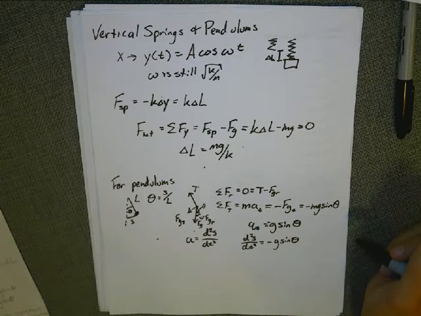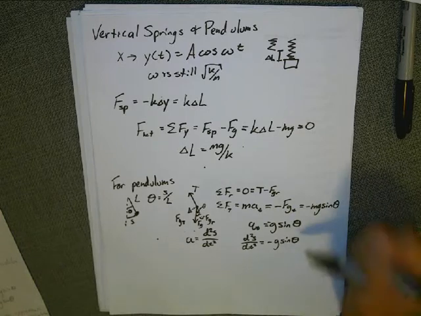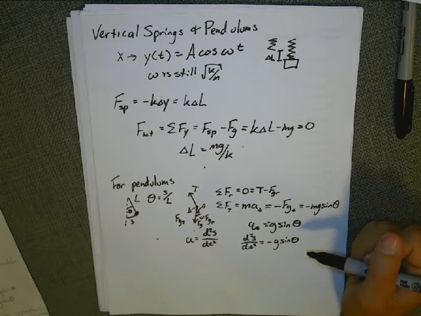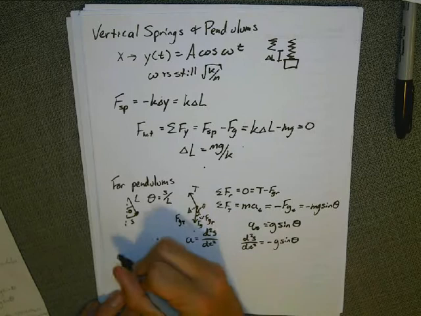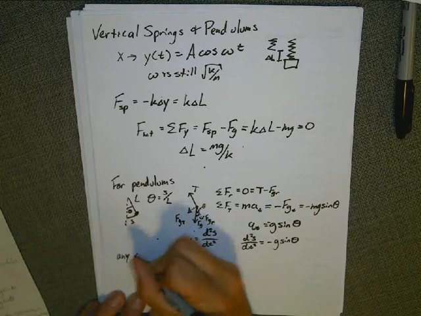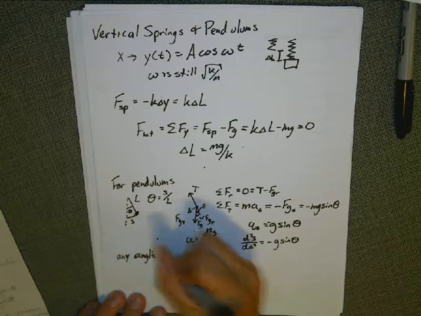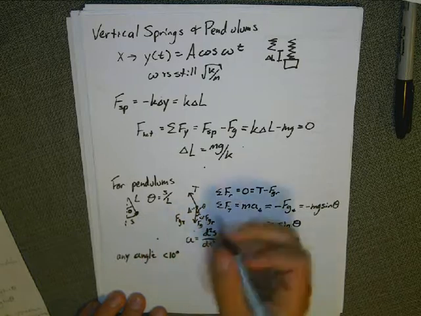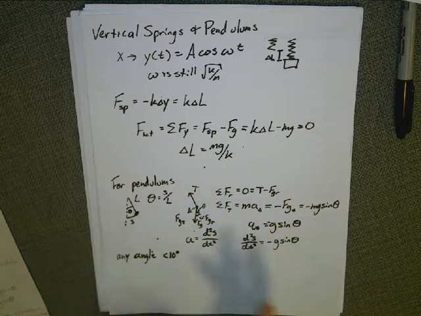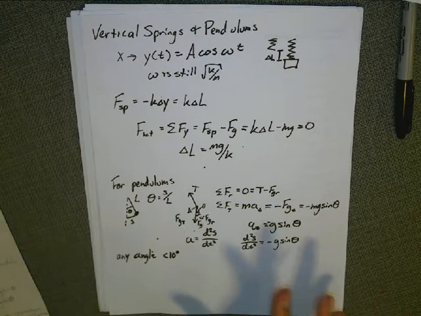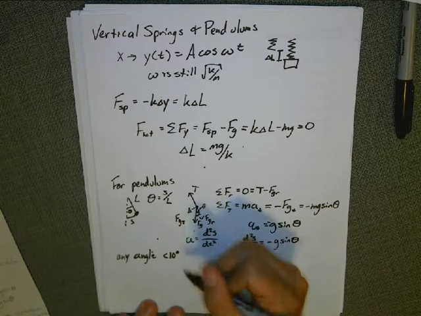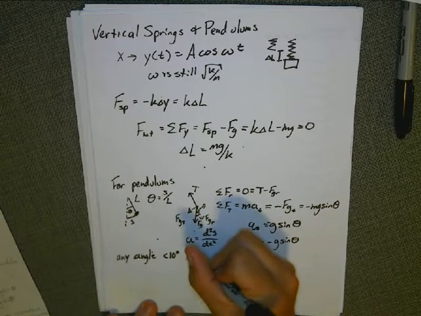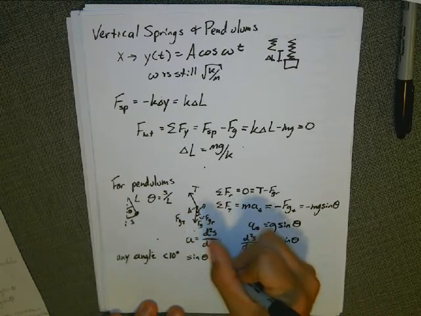Now, an interesting thing about sine theta: any angle less than 10 degrees, it's actually better if it's less than 5, but for our work here, it'll be less than 10. Any angle less than 10, we can say that sine theta is approximately equal to theta.